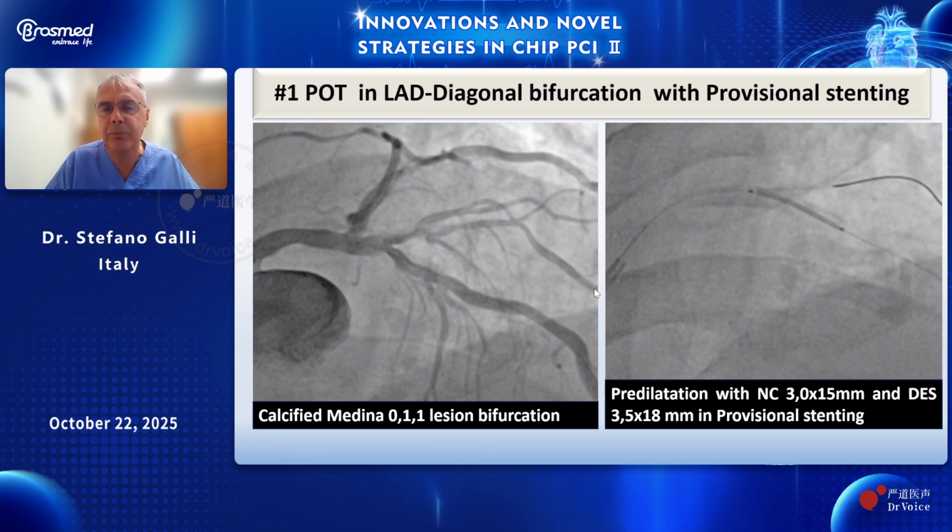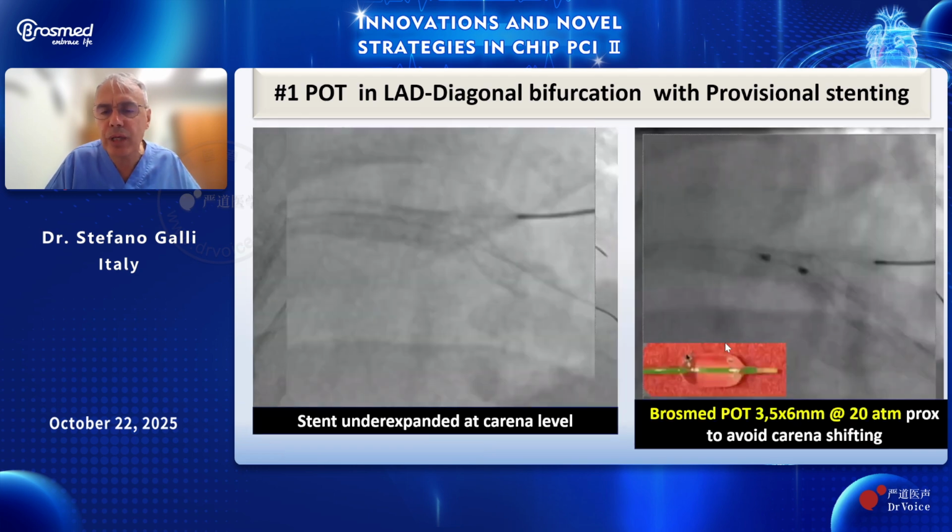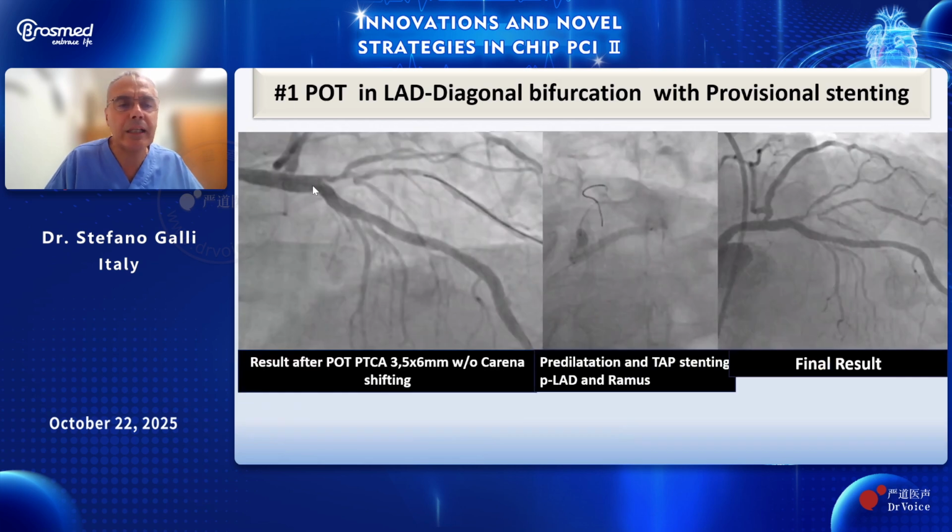We predilate, put a stent, and then we use a POT balloon proximally to optimize, 3.5 by 6 millimeter, and distally another POT. And you see very well how we respect the conformability of the vessel, saving the ramus, and it is also possible to do a crossing and a reverse kissing POT.